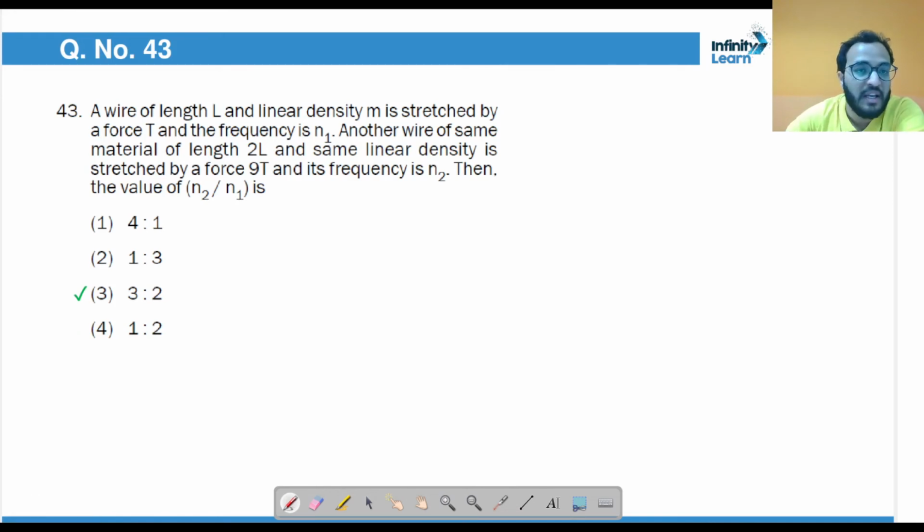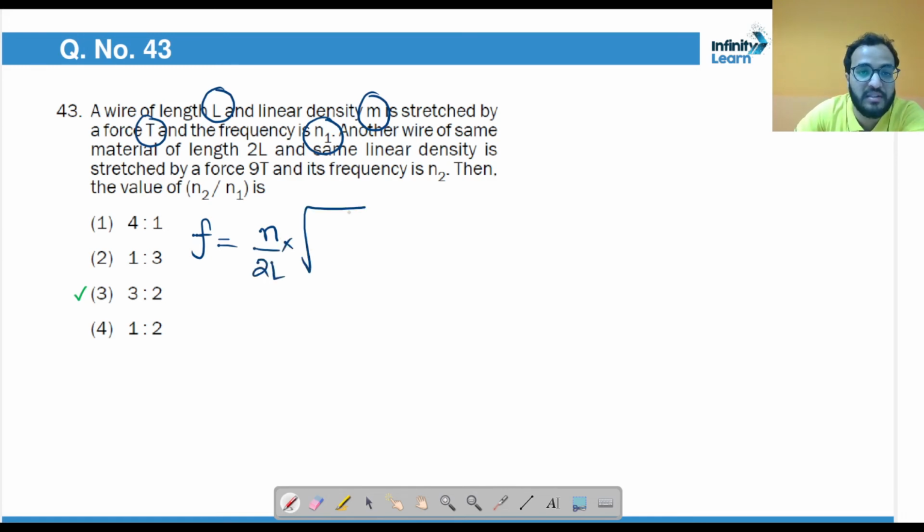Question number 43. What they are saying? A wire of length L and linear density mu is stretched by force tension T and frequency is N1. Another wire of same material, of length 2L, same linear density, is stretched by a force 90. See, frequency is equal to N by 2L into speed, which is root over T by mu.